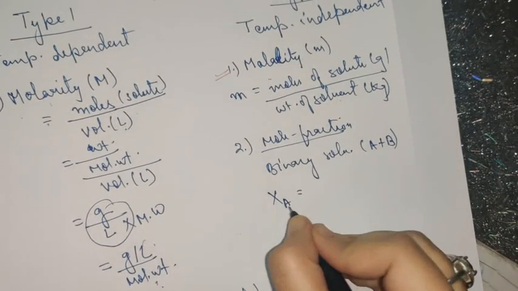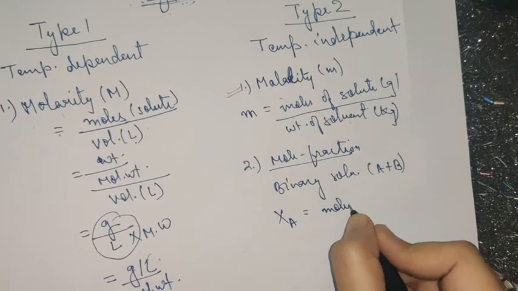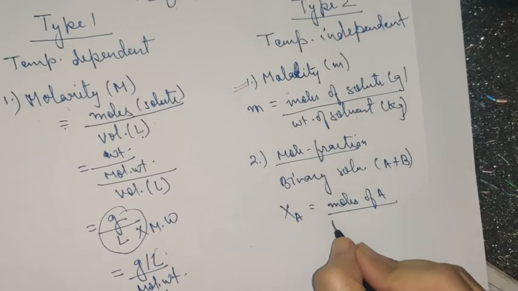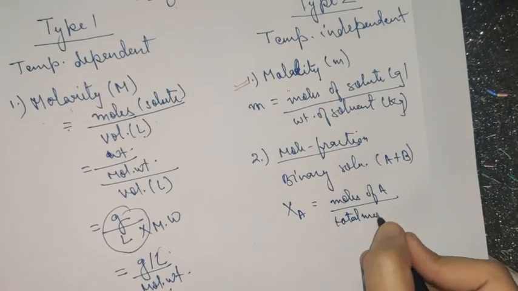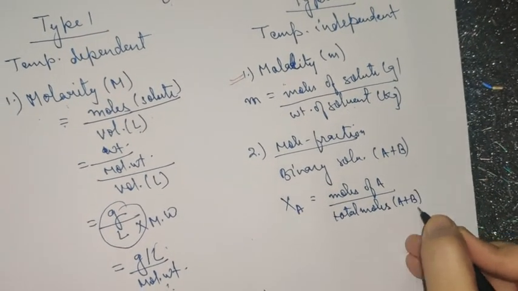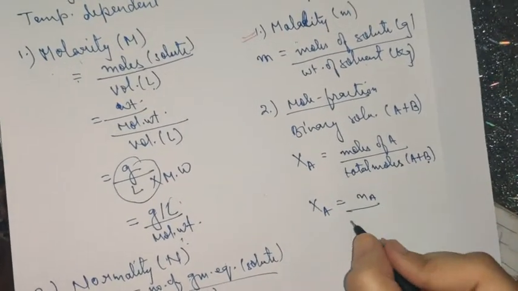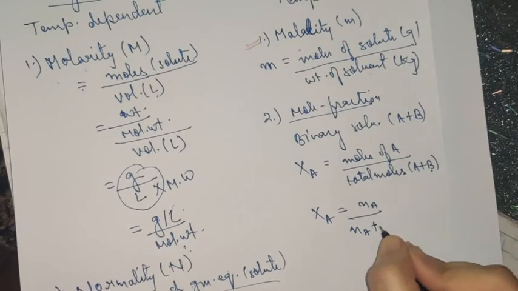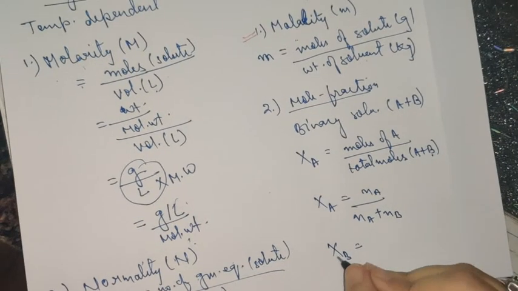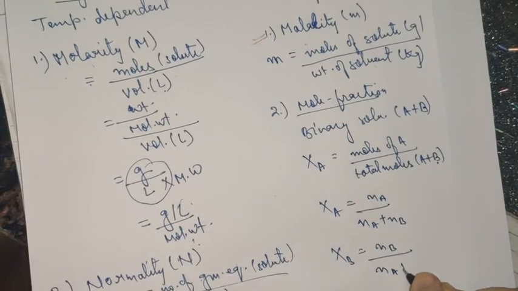It is represented as XA, which is equal to total moles of A out of total moles of both the components, that is A plus B. In other words, XA is equal to Na upon Na plus Nb, and XB, where X indicates the mole fraction, is equal to Nb upon Na plus Nb.